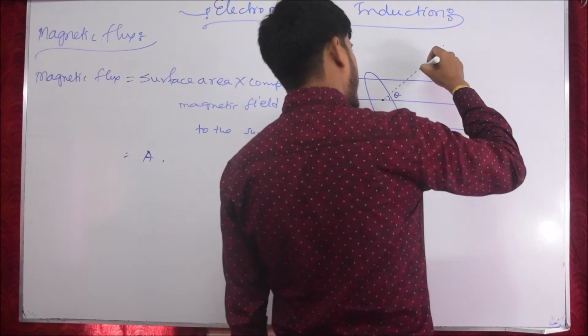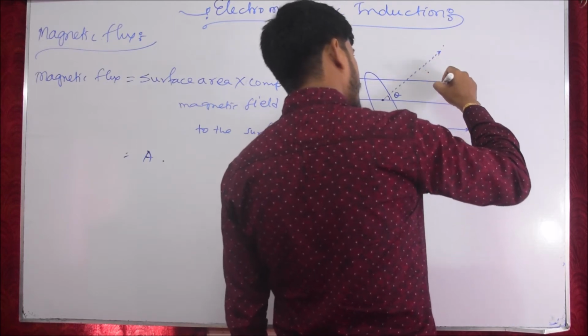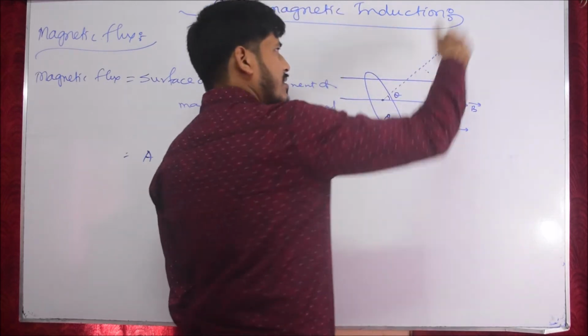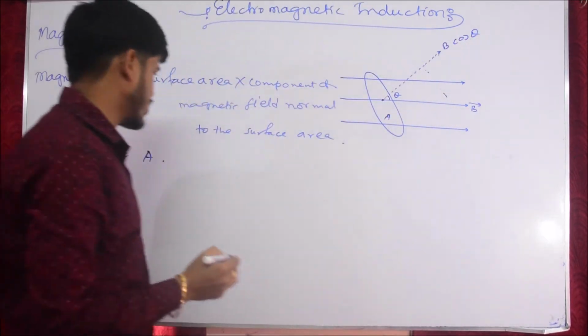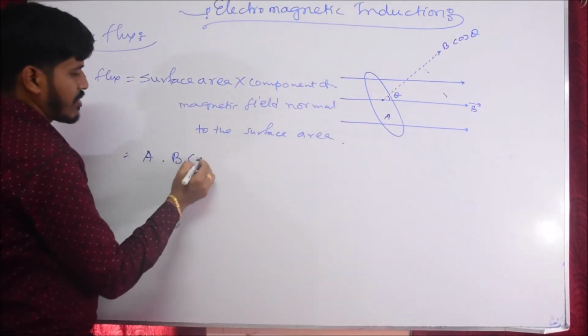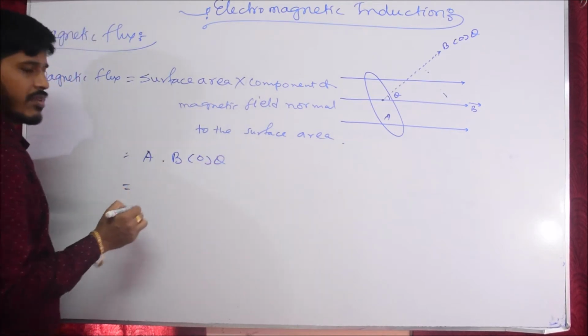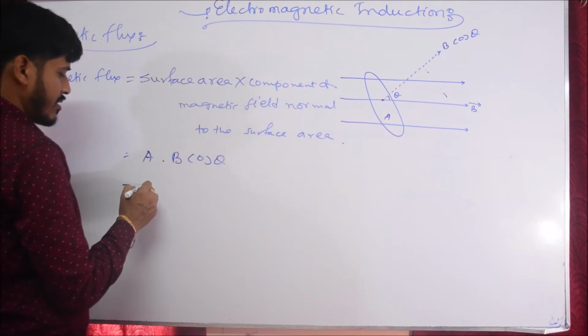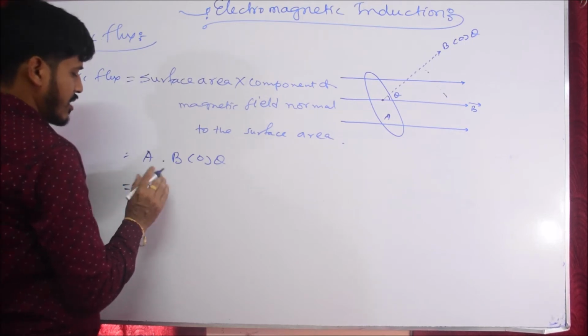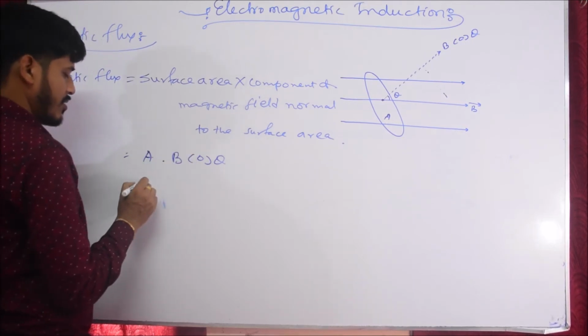If this is like that, then this is your sine and this is your cos. This is B cos theta, so A B cos theta, B dot A.